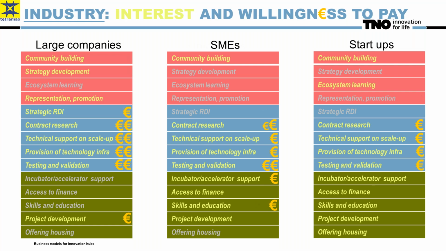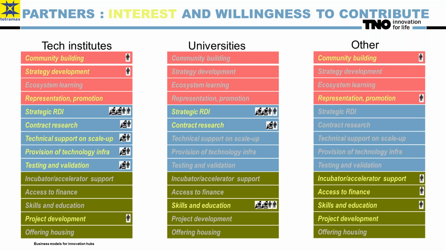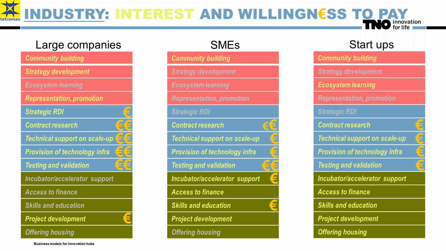It's clear that those green elements, if you go back still, Eva, those green elements are important to service your audience, your customer base. But don't expect a lot of payment, especially from startups, for those activities. So you need to find different ways to capture that value.